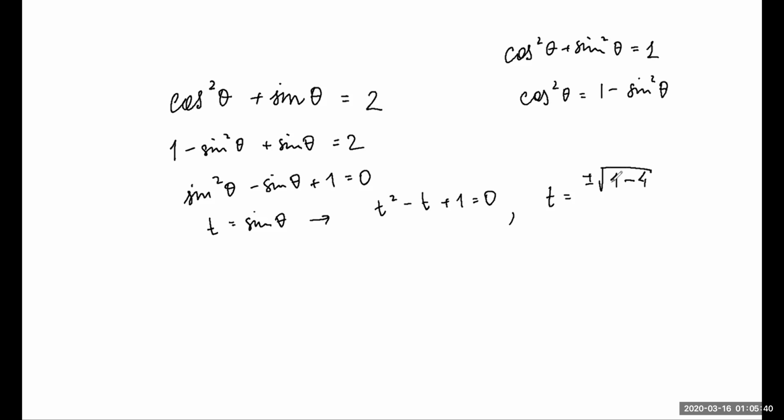And this already bothers me a little bit. 1 minus 4 is negative 3, less than 0. So I'm not going to have any real solutions here. Though I still can continue the formula, but I'm going to write down no real solutions. If no real solutions are there, well, that's it. That's the answer.